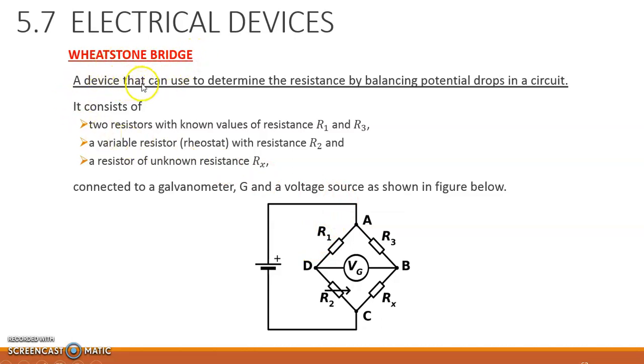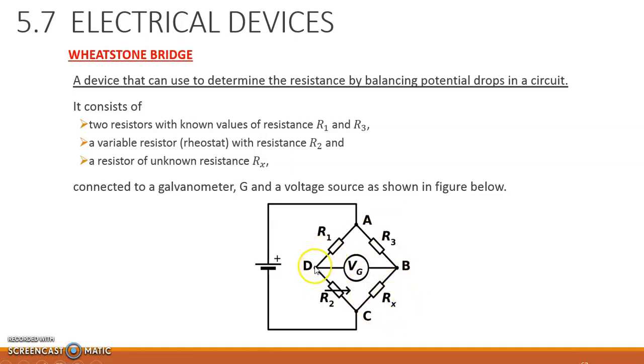It is a device that can be used to determine an unknown resistance by balancing potential drops in a circuit. So this is an example of the circuit. It consists of 2 resistors with known values, which are R1 and R3. Meanwhile, we have a variable resistor, known as a rheostat, perintang boleh laras, with resistance of R2, and this is the unknown resistor Rx.